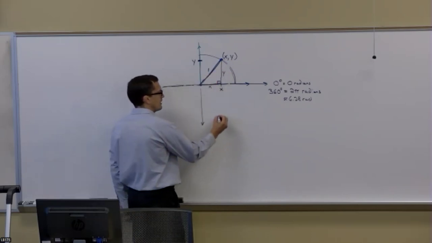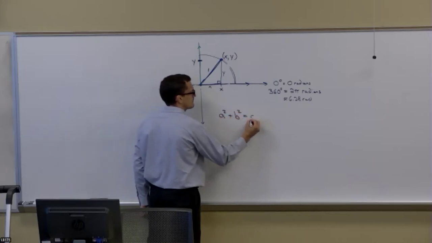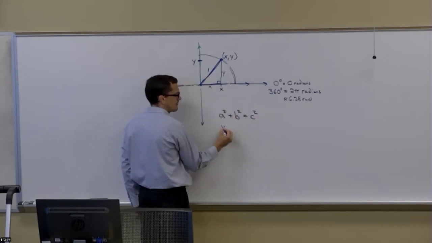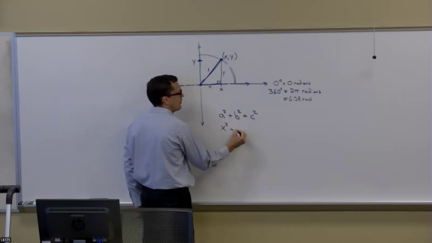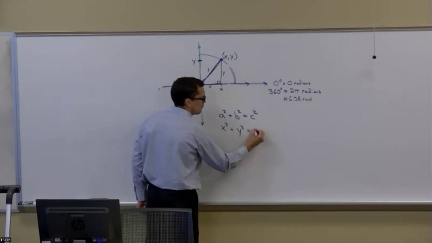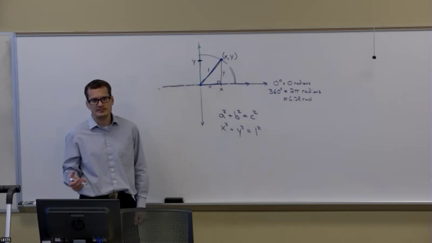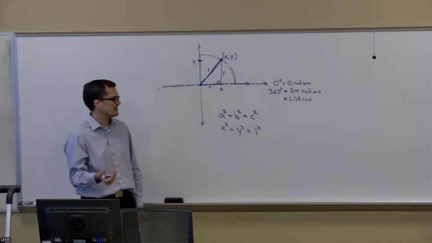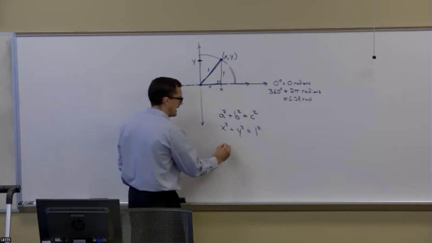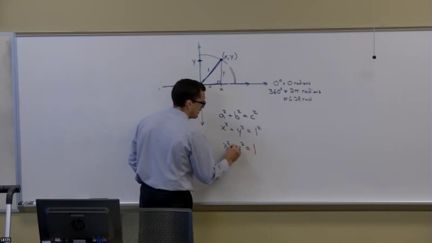So based on the Pythagorean theorem, one leg is x, one leg is y, and the hypotenuse is 1. a squared plus b squared equals c squared. a is x, b is y, c is 1. So we have to have x squared plus y squared equals 1 with every point.